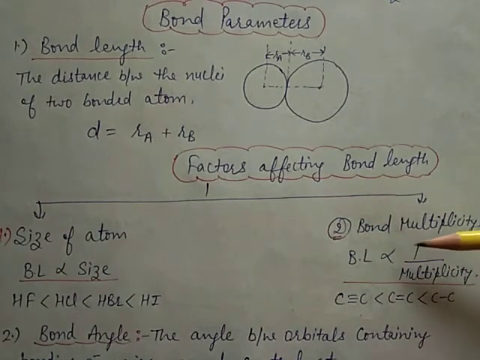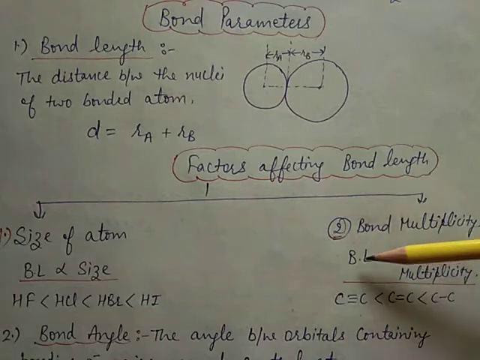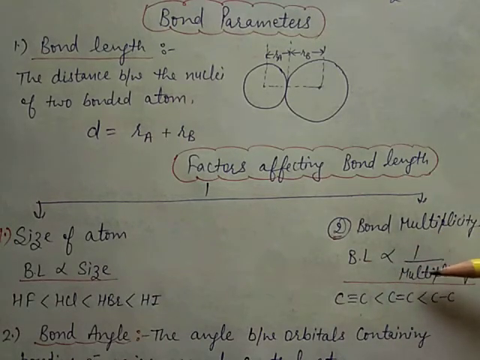Next, the second factor is bond multiplicity. In this case, bond length is inversely proportional to the multiplicity.